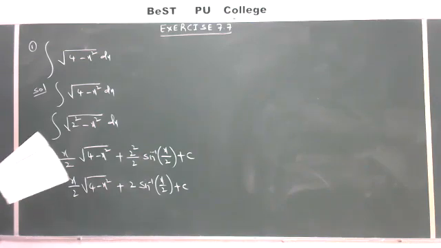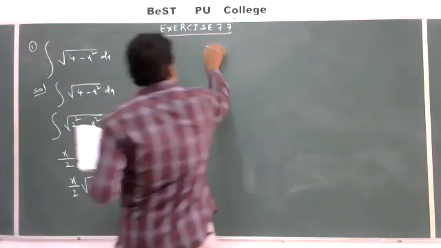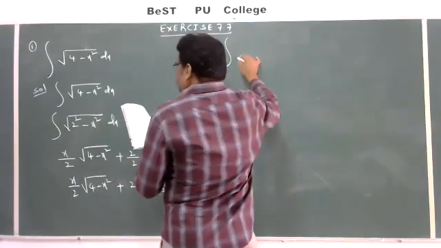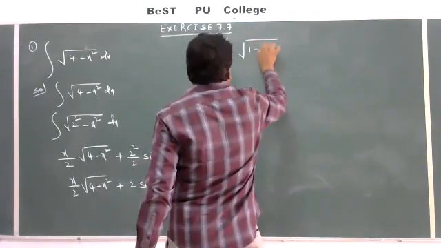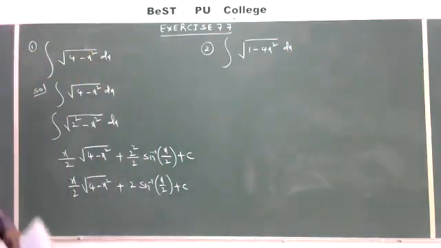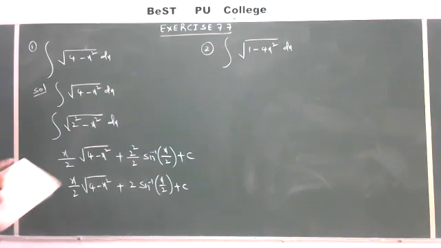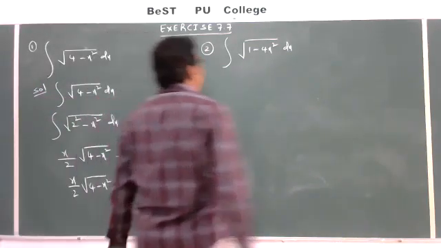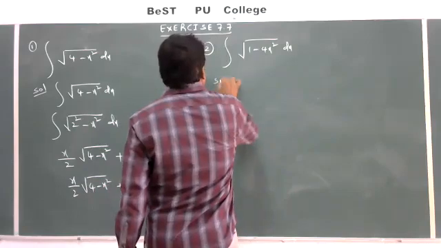Yes, next problem. Integral root of 1 minus 4x square dx. Here, first you take 4 common outside.